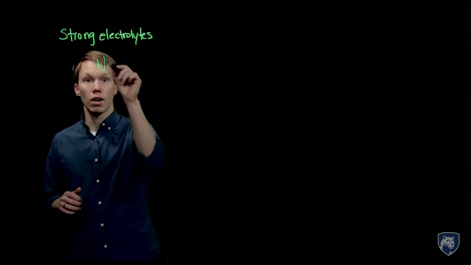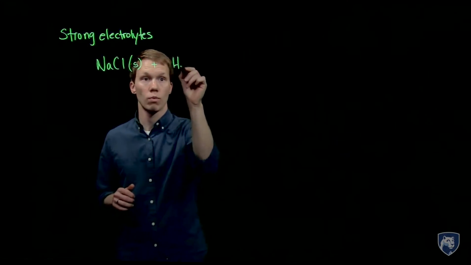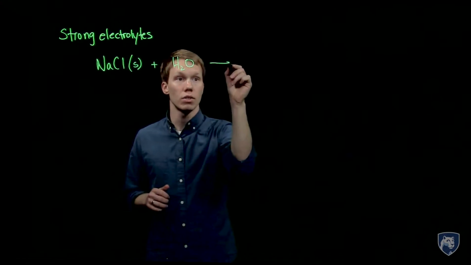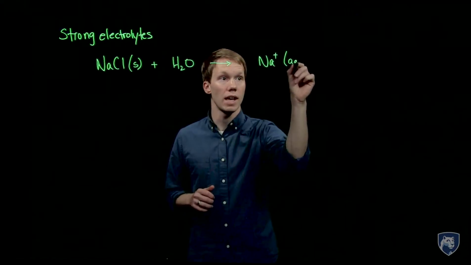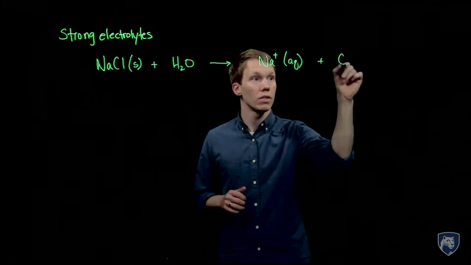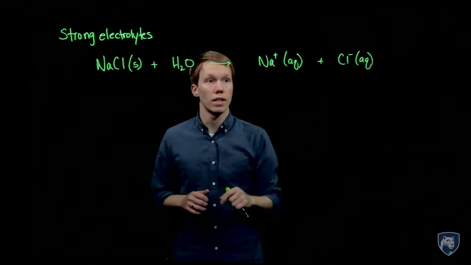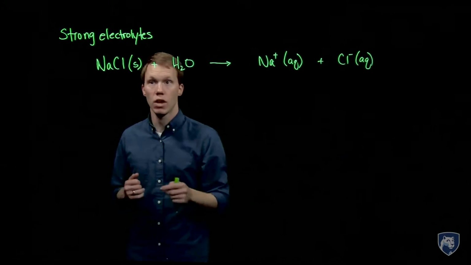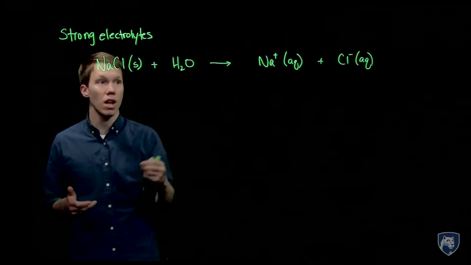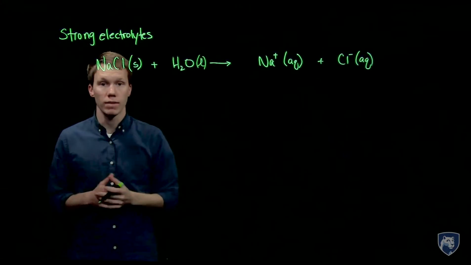And as we are already familiar with, ionic compounds, when mixed with water, dissociate 100% into the aqueous ions. So this abbreviation AQ after the symbol indicates that it's aqueous, that it's dissolved in water. The S here indicates solid. And we could put an L here for liquids. Okay?